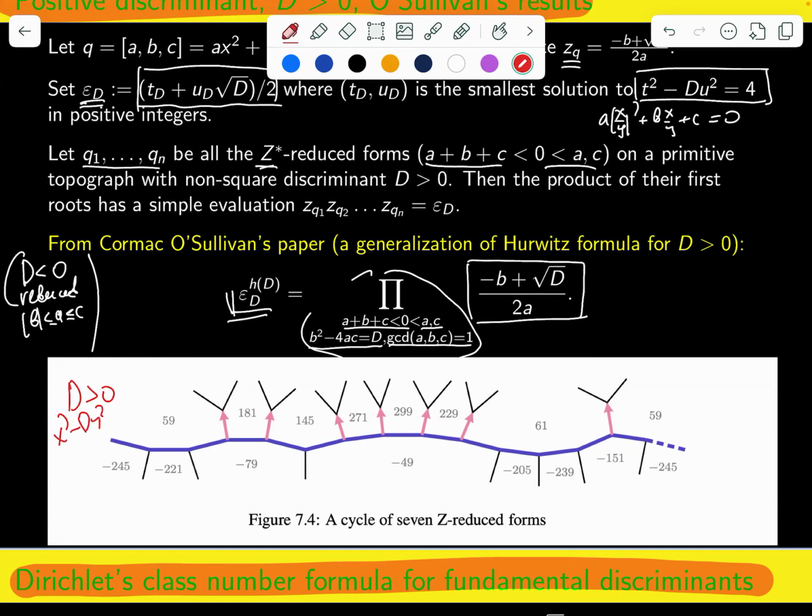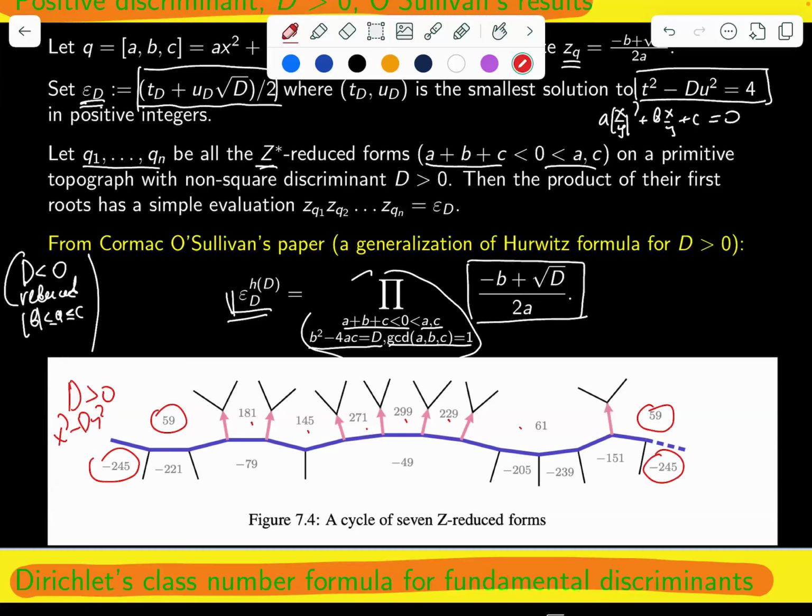The river is a path in the topograph which divides positive values from negative values. In this case, you can show that what you see on the positive part is periodic. It's the same here. That's a general phenomenon. It's not very difficult to prove.